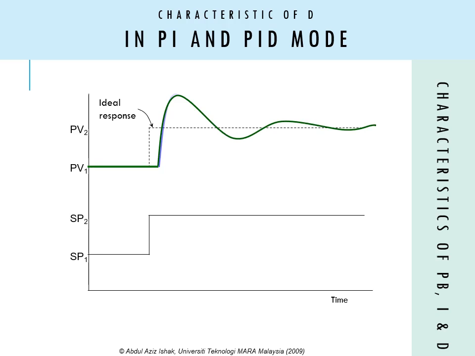As you can observe from these three process response curves, they have different values of D. As the D value decreases, as shown in the red line process response curve, the curve will have a shorter time to reach the set point as opposed to the other two process response curves represented by the green line and the blue line.